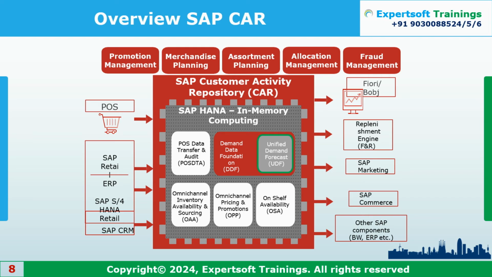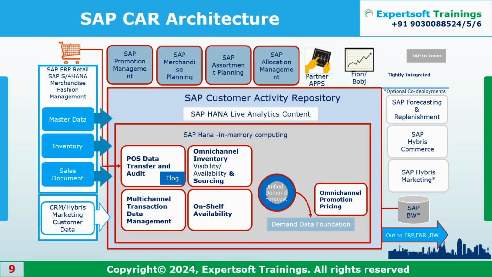Yeah. So in terms of the architecture, this is how it looks. When the data comes within CAR, there are various tables, particularly for POS data, called T-log tables. The T-log tables are where the data comes and sits. So you have master data, inventory, sales documents, everything fed to CAR. If there is a CRM system or Hybris system, that multi-channel transaction data also comes into CAR.